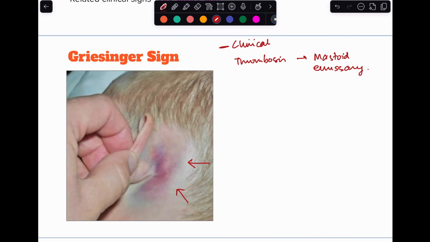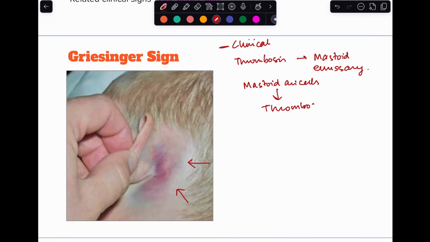Now, what is the reason behind this? In a case of normal mastoid, the mastoid area does not have any edema. In Griesinger sign, we are seeing that the edema develops and there's some tenderness over this area. This is because when the mastoid cells are involved in an infection, the infection spreads from the mastoid air cells and it leads to thrombosis of the mastoid emissary vein.